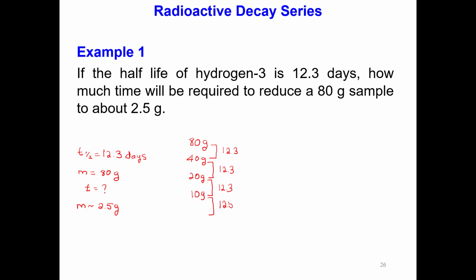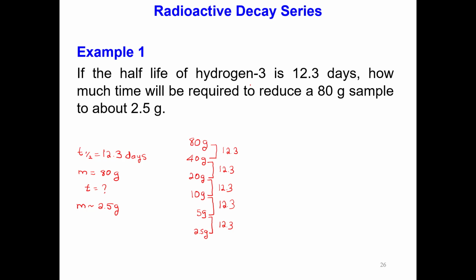And then after 12.3 days, this sample will reduce in half. And we will continue doing the same thing until 2.5 grams. Now we can calculate the time that is required to reduce 80 grams into 2.5 grams for hydrogen-3.